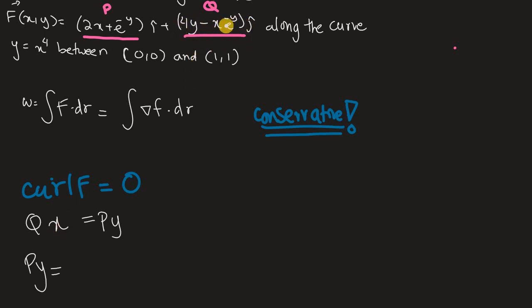So the variable that it belongs to, you're simply taking the other variable and then taking the partial derivative with respect to that. So it's just a little trick to memorize this thing. Okay, let's continue the problem. So p of y, right? Which means we're partially integrating this p with respect to y.